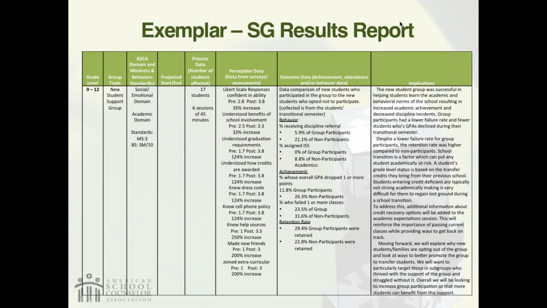But when you look at the retention rate, 29% of the group participants were retained versus 22% of the non-participants. So that's sort of counterintuitive.